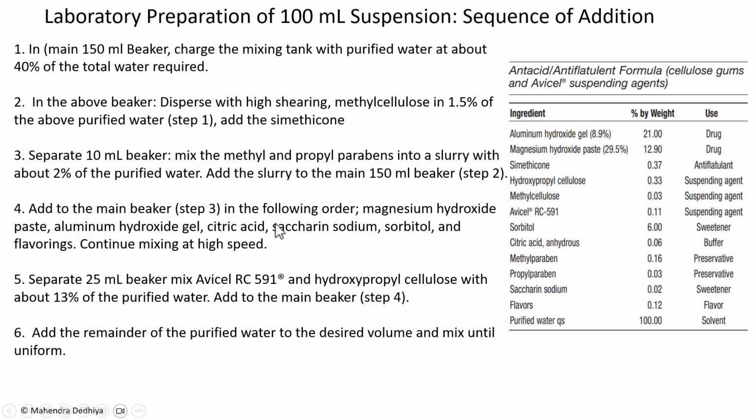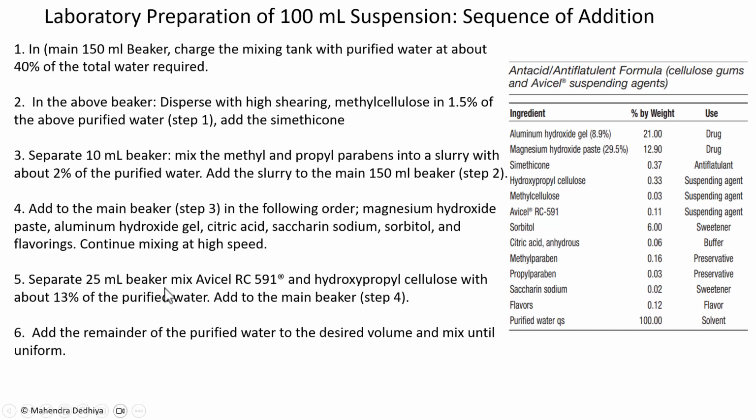In the main beaker, add magnesium hydroxide paste, aluminum hydroxide gel carefully, citric acid, sodium saccharin, sorbitol, and flavoring, and continue to mix at higher speed so that the suspension of magnesium hydroxide and aluminum hydroxide is clearly visible. These two actives are now suspended in the vehicle.